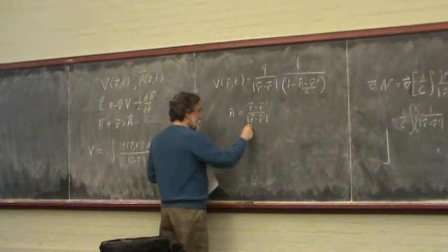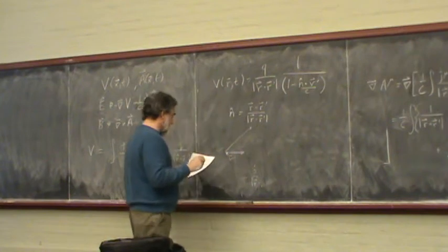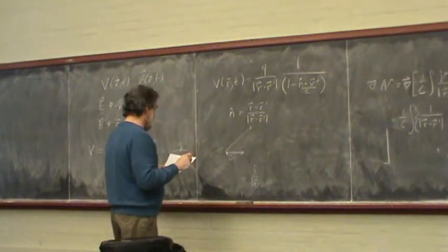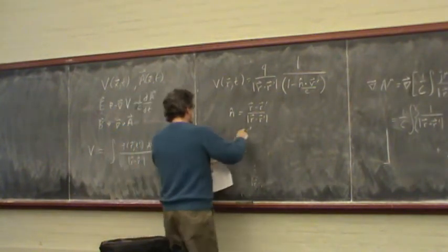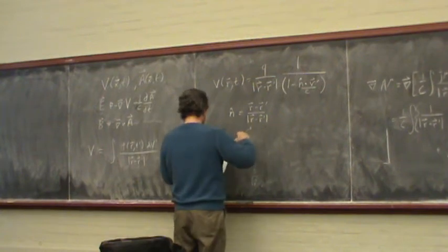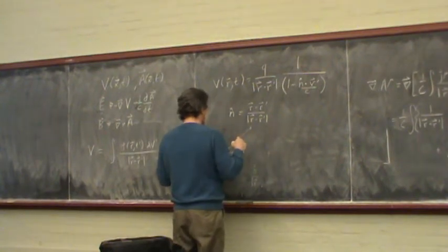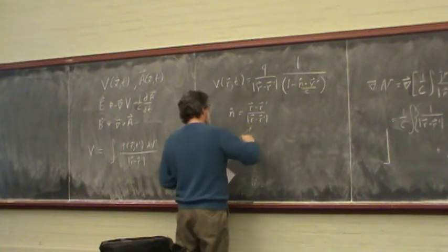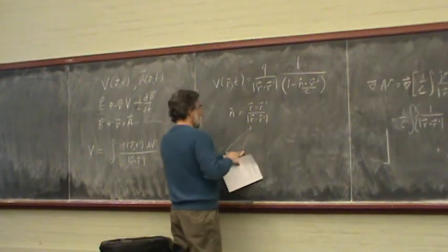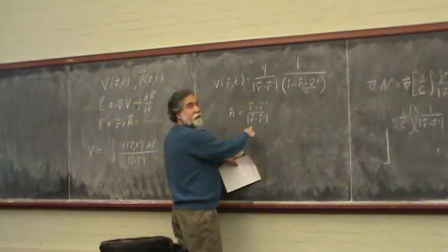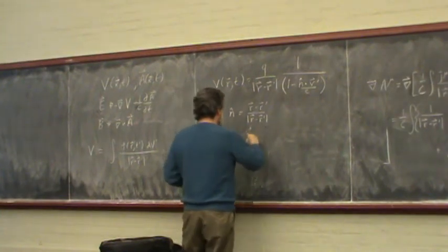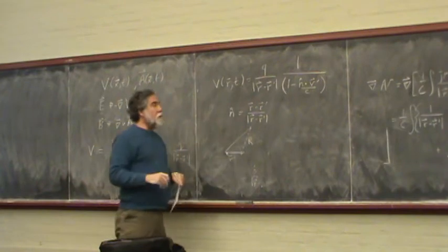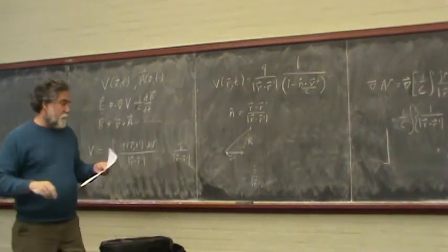And I have an observation point over there. Okay. And this distance here, from the projected point to the observation point, I'll write as just capital R, so that's R minus R prime.